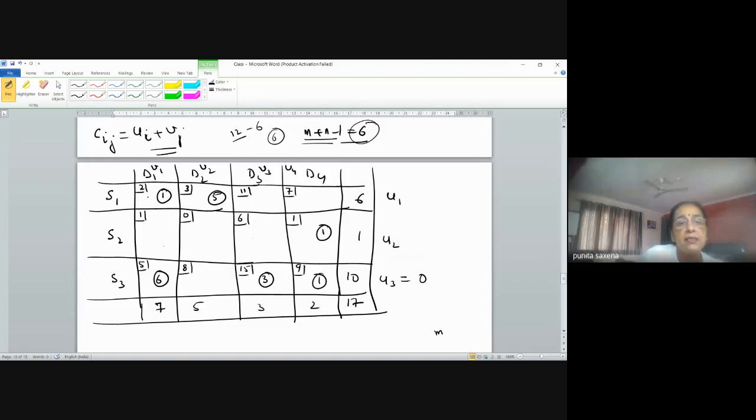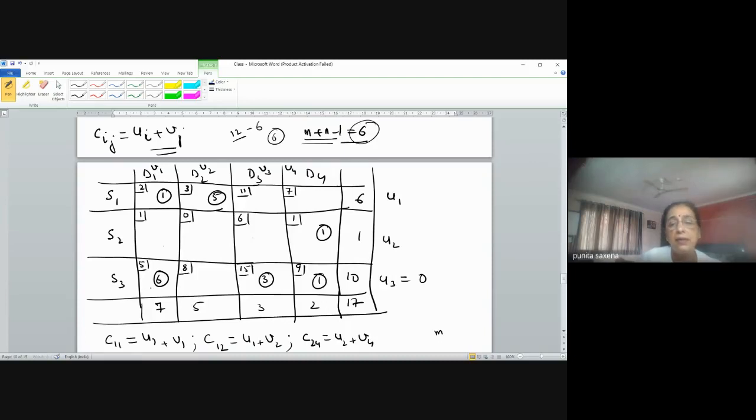Like in this case, your first equation will be C11 is equal to U1 plus V1 because 1, 1 is your occupied cell. Okay? Similarly, second occupied cell कौन सा है? 1, 2. So that means C12 is equal to U1 plus V2. और कोई occupied ही नहीं है. Second row में एक है. कौन सा? 2, 4. That means C24 will be equal to U2 plus V4.